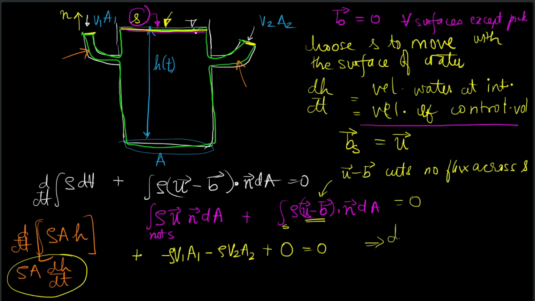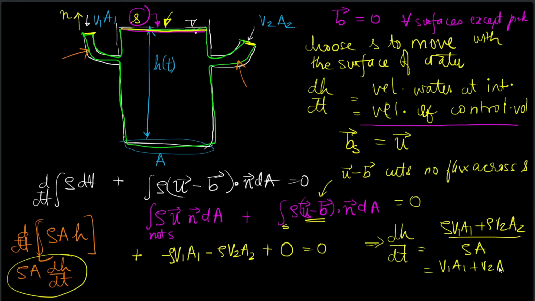And that implies the expression for dH/dt is equal to rho v1 a1 plus rho v2 a2 divided by rho a, and this is equal to (v1 a1 plus v2 a2) divided by a, and this is equal to dH upon dt. So this is the final expression for how the height of the water changes with time.